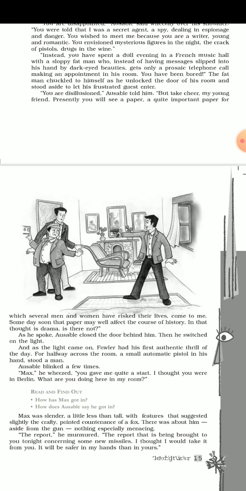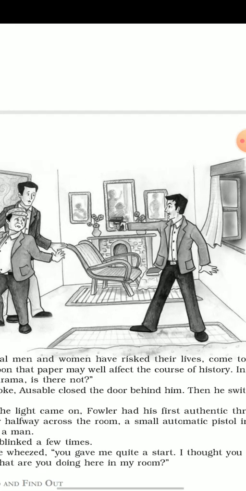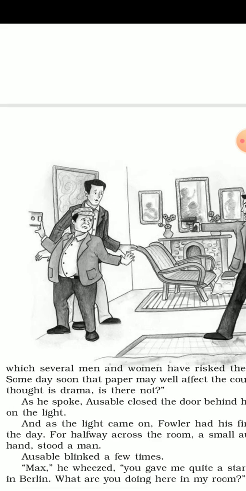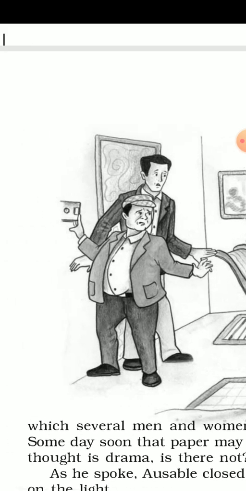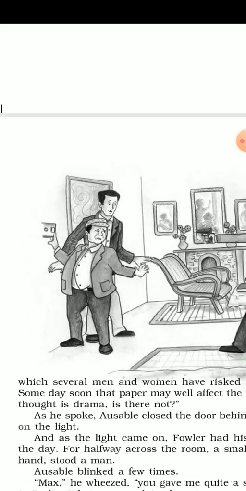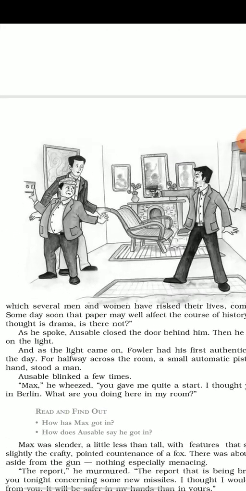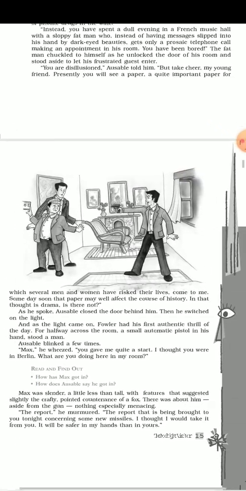Right? So, Max was a very thin, tall, good looking fellow. As Fowler reached the room of Ozable, both of them enter the room, and as you can see, Ozable is switching on the light. As soon as Ozable switched on that light, what Ozable and Fowler see is that a person is already present in the room.